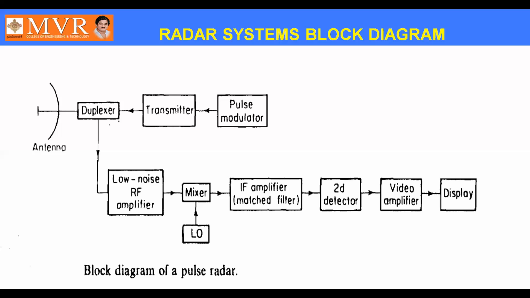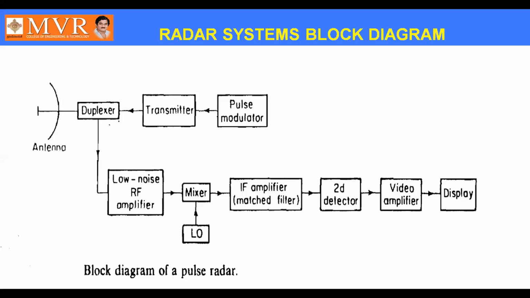As we already discussed earlier, the duplexer is placed here. The duplexer is operated in two modes. One is TR mode and the second one is ATR mode. TR stands for transmit-receive mode and ATR stands for anti-transmit-receive mode. As already said, the duplexer serves both transmitter as well as receiver.